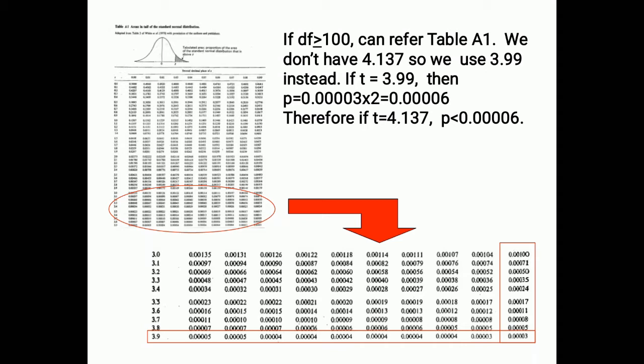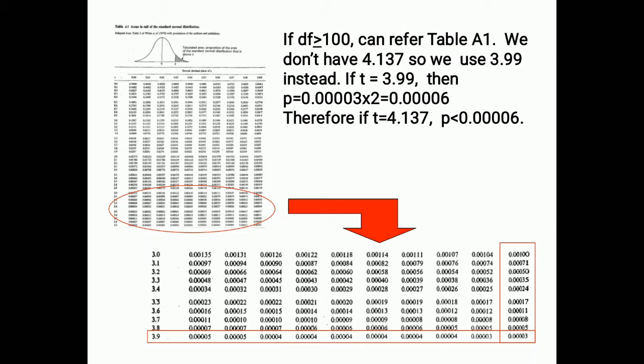If the degrees of freedom is 100 or more, we can refer to table A1. Here we don't have 4.137, so we use 3.99 instead. You can see 3.99 in the table, denoted by the red arrow.